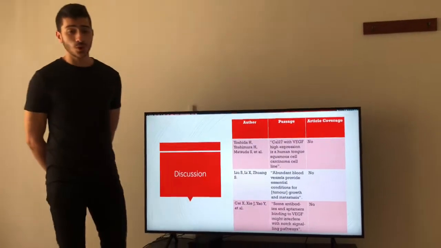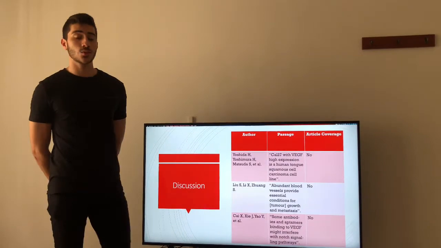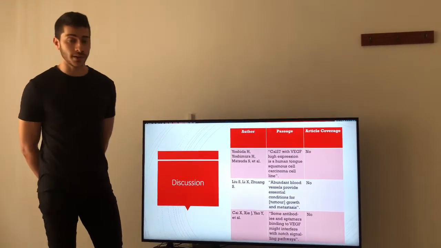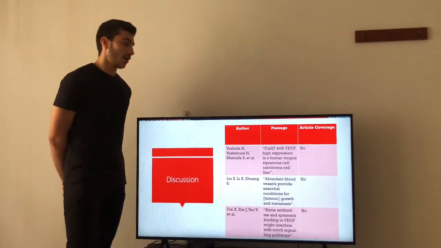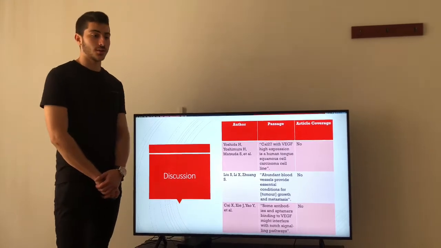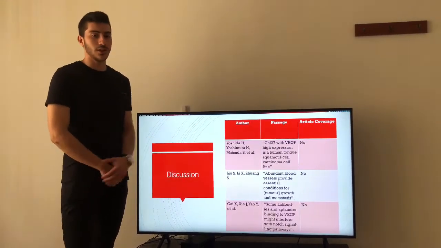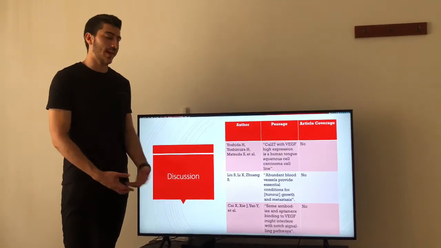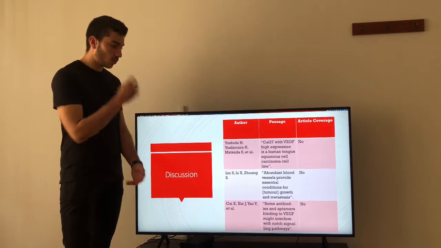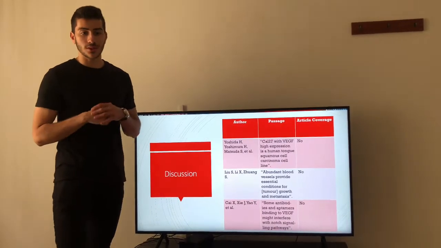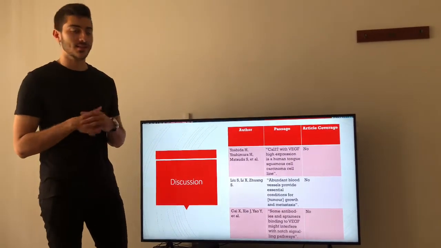In the discussion, we're going to review some of the passages quoted by the researchers that were actually not covered by the article. In the first one, it simply says that Cal27s are tumoral cells. Even though they used them, they never showed that they were actually tumoral cells or had this activity. In the second one, that blood vessels increase the growth of tumor cells and metastases.